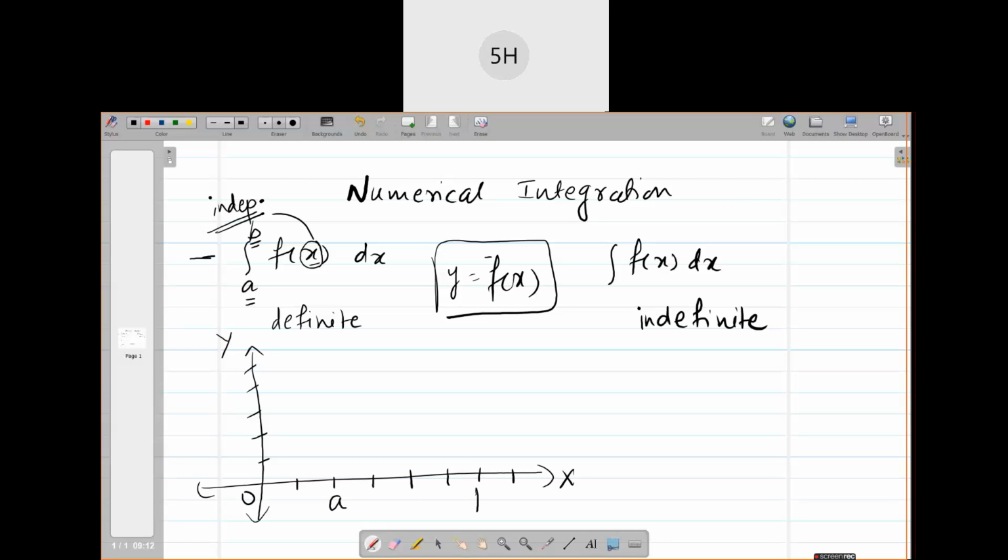So suppose there are a and b and the function's curve goes like this. Then what do you mean by integration a to b f(x) dx? All the points from a to b will be summed. That means it is the area under the curve, right?